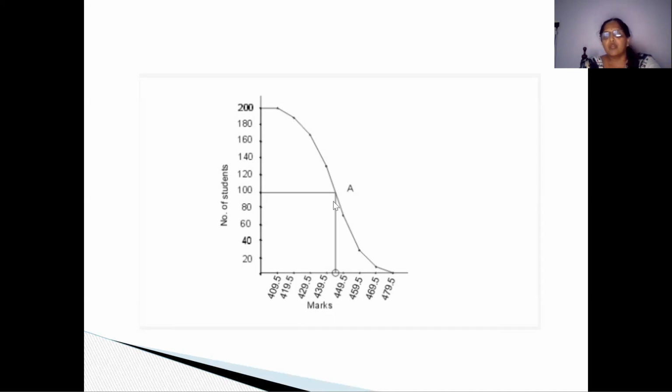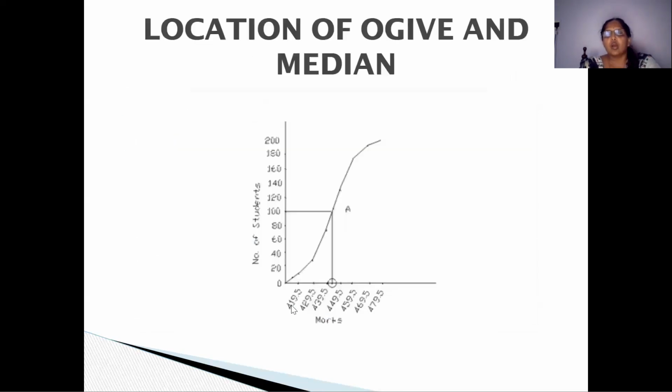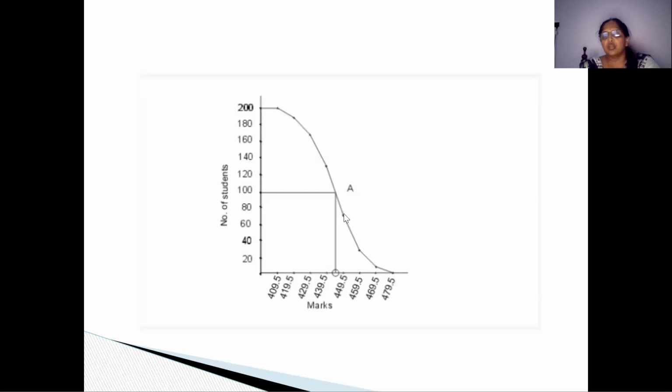Every point in the more than series comes downward, but the less than series goes from the bottom in an upward trend. This shows a downward trend, and this is also a J-shaped curve. So this is called the more than ogive.